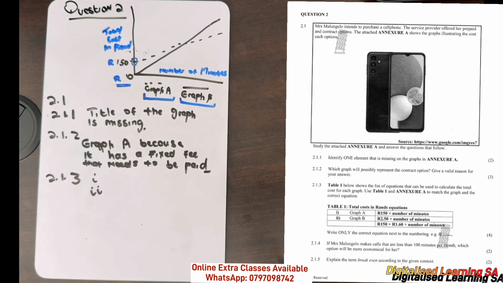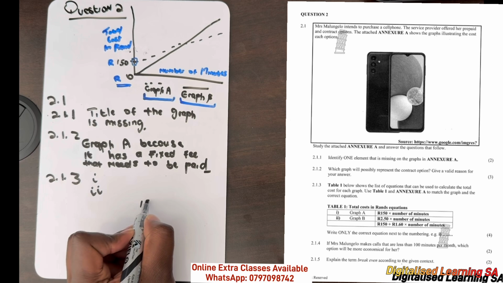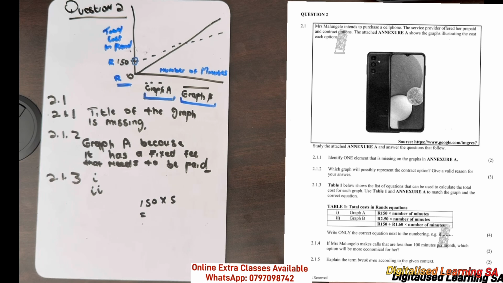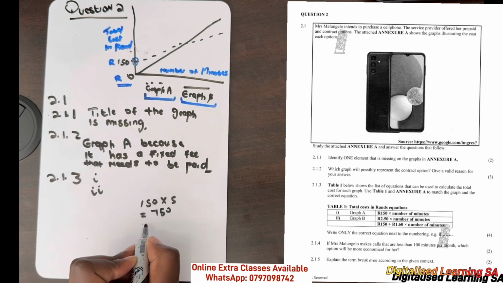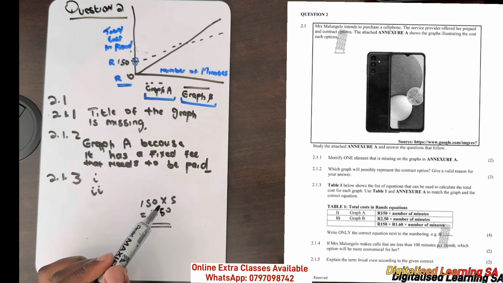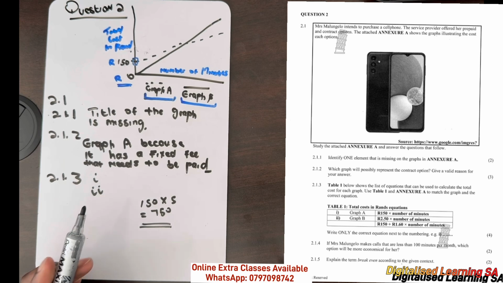If we look at our first option, we are given 150 multiplied by the number of minutes, meaning that if a person uses 5 minutes, we multiply by 5, and our answer will be 750 for using only 5 minutes. This doesn't make sense. A person can't use 5 minutes and then have to pay 750. So this option is not correct.